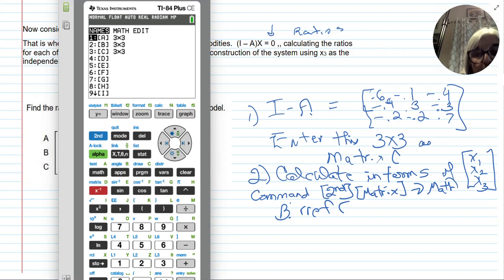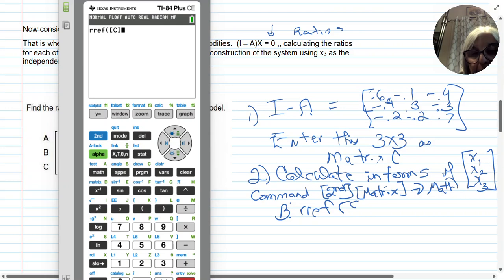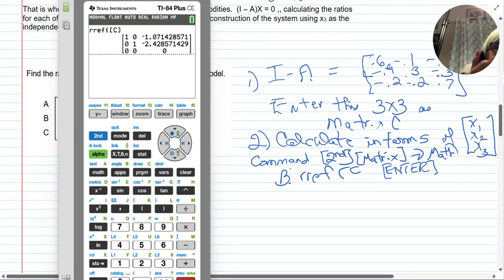All right, I'm going to go second on RREF on the home screen. Now I'm going to give it which one I want, and it was that one, the C. And I'm going to enter. All right. Okay, so now when we enter, we get this guy. What an interesting set of numbers.